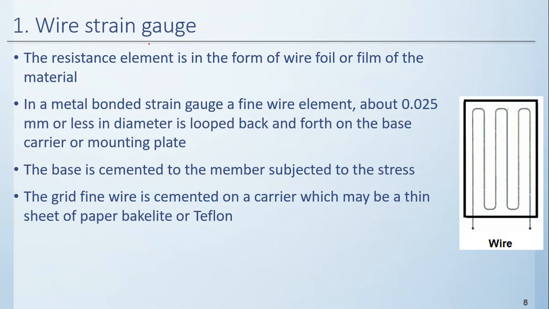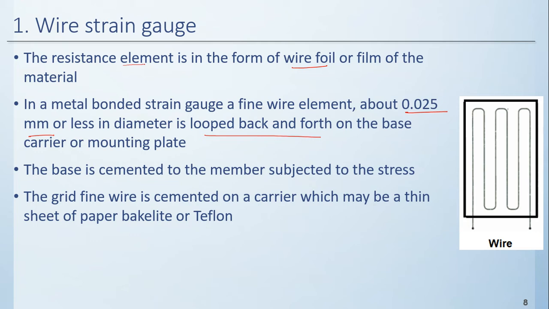In wire strain gauges, the resistance element will be in the form of a wire foil, which will be looped in a to and fro direction like this. The dimension of your wire will be around 0.025 millimeters, so it is very small in size, and it is placed in a to and fro loop.